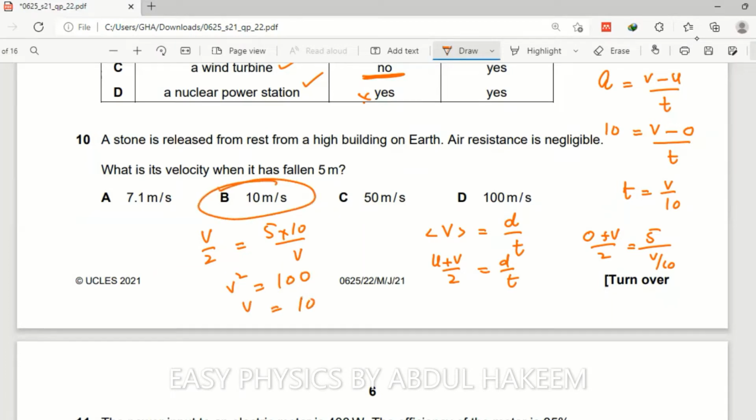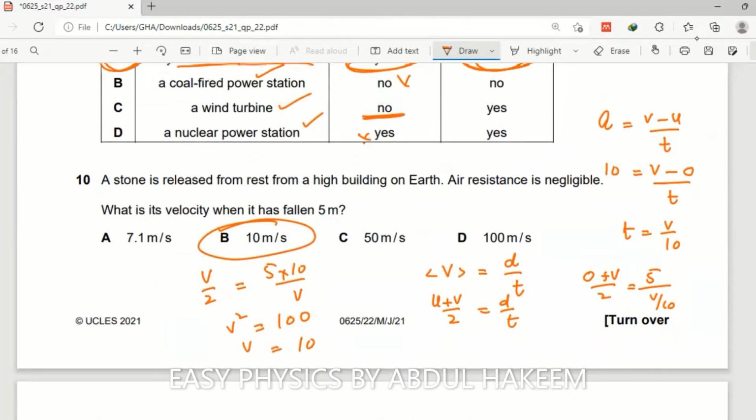I repeat this. Acceleration is equal to change in velocity divided by time. Acceleration is 10 for free fall. Final velocity is required, initial from rest means 0, and the time is required. So the time is unknown. So time in terms of the final velocity is v by 10. Now the average speed is equal to total distance divided by total time, and the average speed is the initial plus final divided by 2.